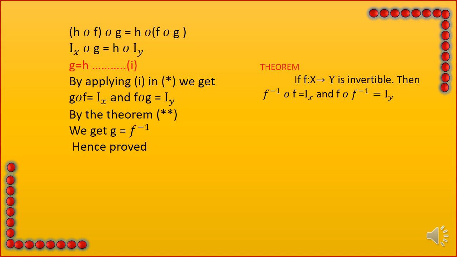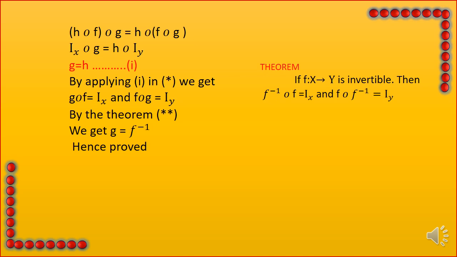So we get g is equal to h, which is equation number 1. By applying equation number 1 in star, we get g composition f is equal to I_X and f composition g is equal to I_Y. By the theorem of double star, we get g is equal to f inverse. Hence proved. The theorem double star is written on the right side.